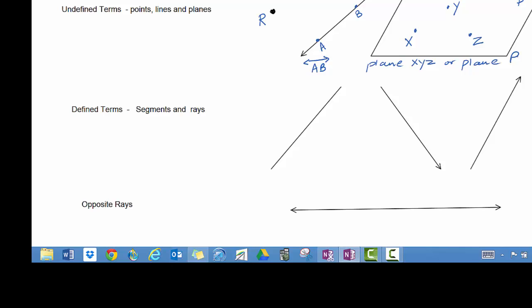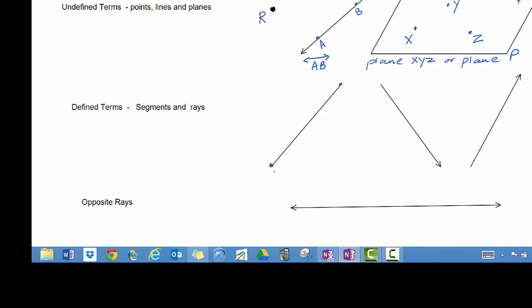We can use undefined terms to define other terms though. We have over here a segment, and a segment has 2 endpoints.